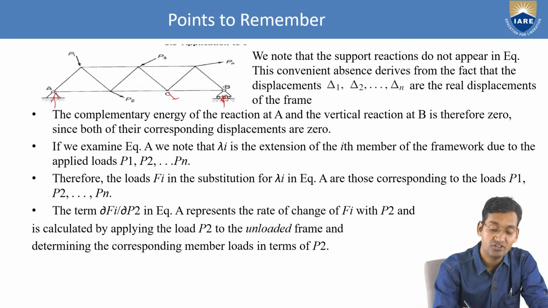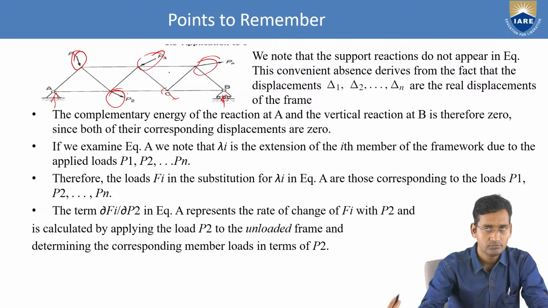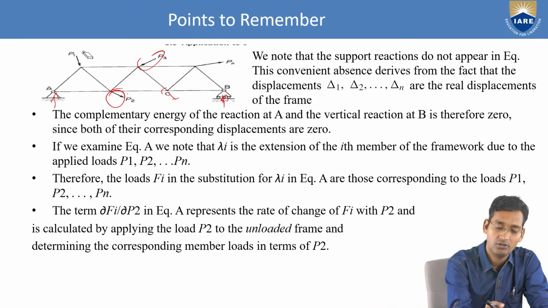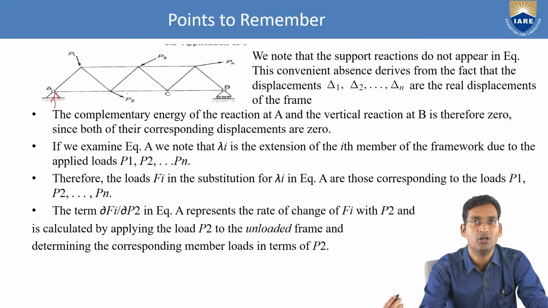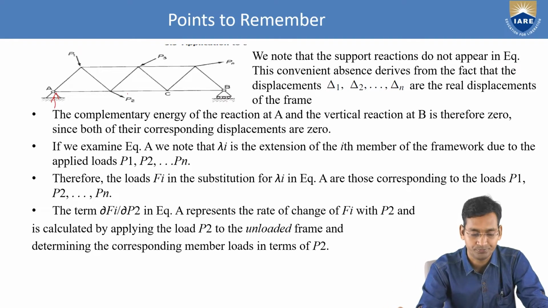Because whatever the actual force is acting, the displacement will be because of that only, so we will get the real displacement, since we are not finding anything about the support. That means in the equation there is no term of reaction. So whatever displacement there is, it is just because of the acting load. Now the complementary energy of the reaction at A and the vertical reaction at B is therefore 0.